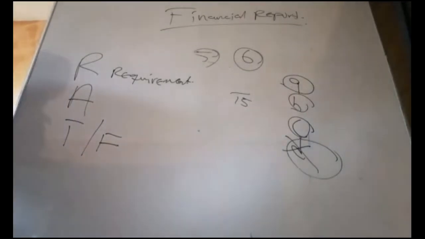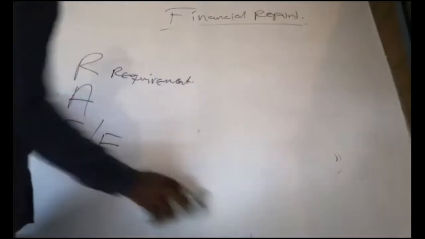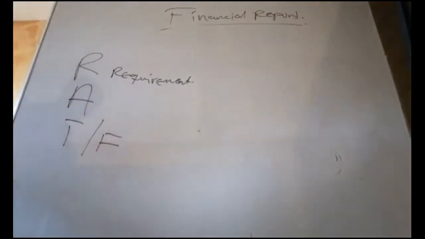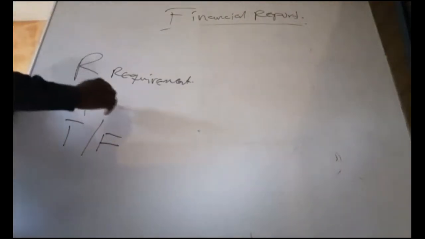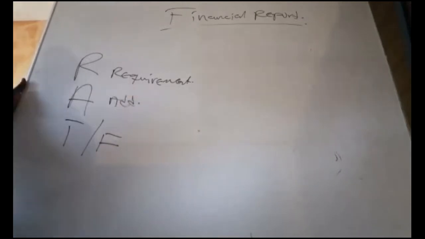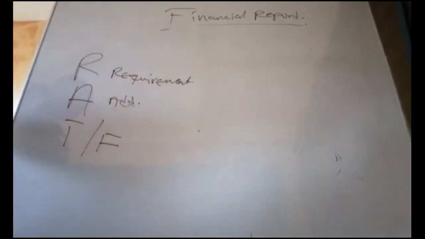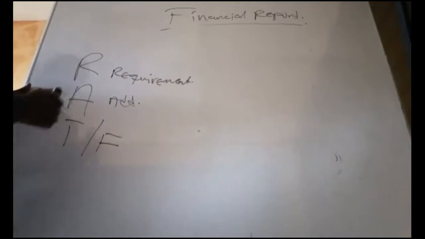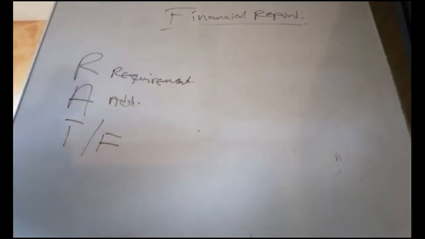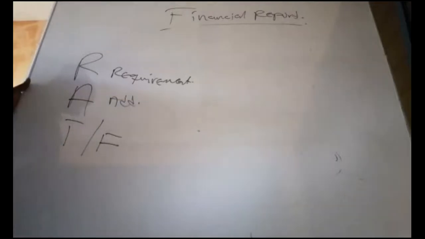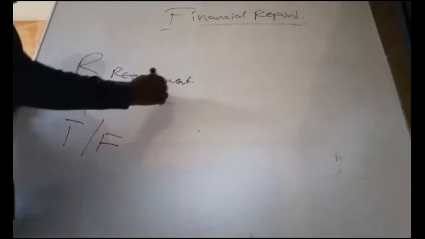Then you go to the footnote. That's the additional information. You read it 2 times. First, fast. Second, you're working it, so that one is slow. You read it for the items and the area that will be affected.